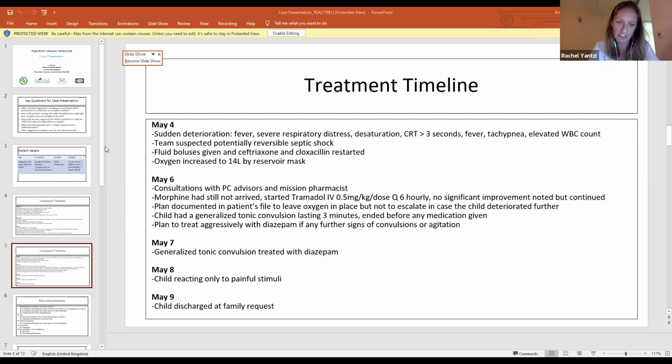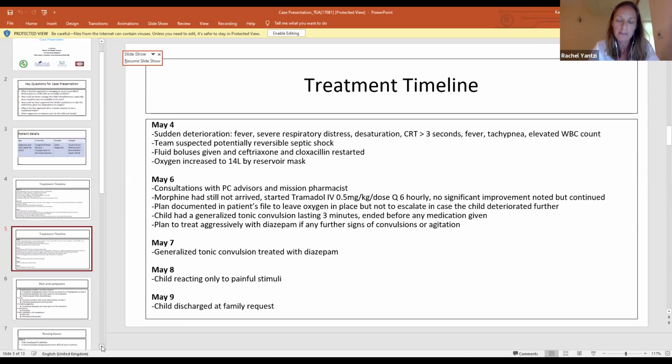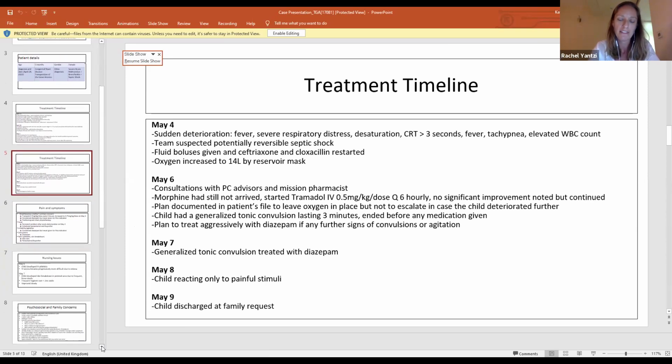She had another convulsion then on the 7th that we treated with diazepam. By the 8th, her Glasgow Coma Scale was dropping, and she was becoming more sleepy and obtunded. And then by the 9th, the family requested discharge to go home.